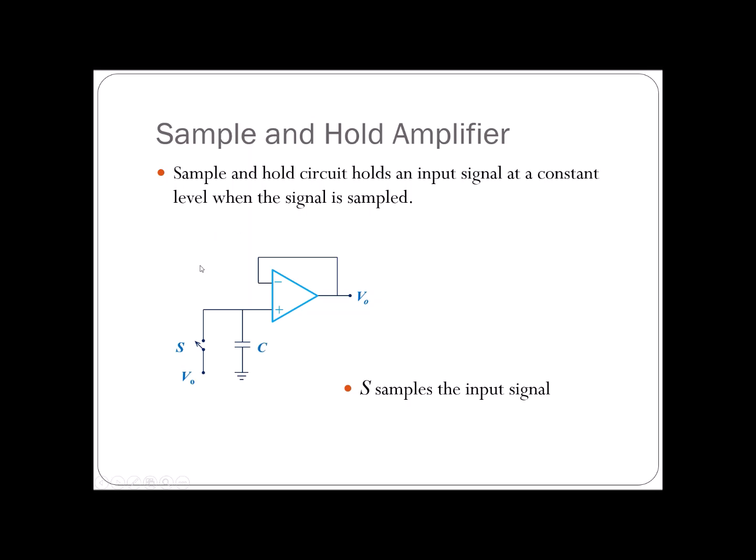And the difference between this circuitry and the voltage follower is the additional capacitor here. Perhaps you can guess already that the capacitor is meant to hold the signal at every interval, to hold the signal when you want to convert from discrete to digital signal, the one that we just mentioned in the previous slide.